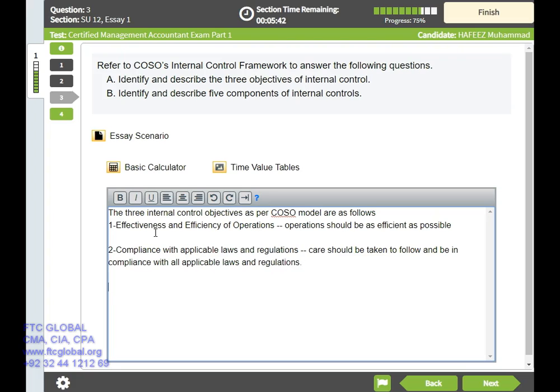Third and the last one, reliability of financial reporting.